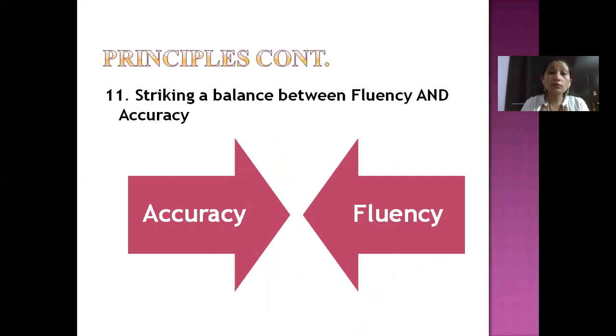Because according to this principle, effective language learning happens when we strike a balance between fluency and accuracy. So a language teacher should not only emphasize fluency at the cost of accuracy, and a language teacher should not only emphasize accuracy at the cost of fluency.